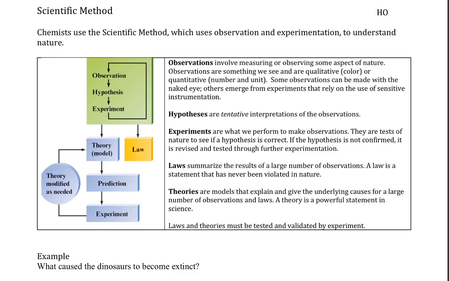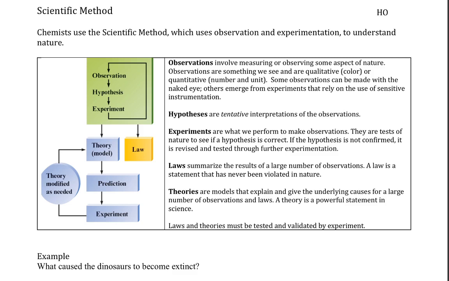Some observations can be made with the naked eye. Others emerge from experiments that rely on the use of sensitive instrumentation. Hypotheses are tentative interpretations of the observations. Why is what we are observing happening?